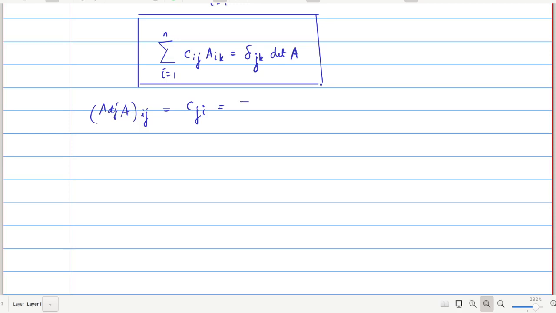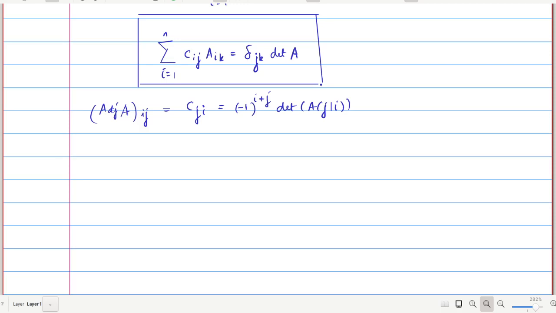Now you write that as the same summation, minus 1 to the power i plus j. Here we have j plus i because this is ji, but i plus j is the same as j plus i, and this is the determinant of A_ji instead of A_ij. So the ijth entry of the adjoint of A equals the jith entry of C.